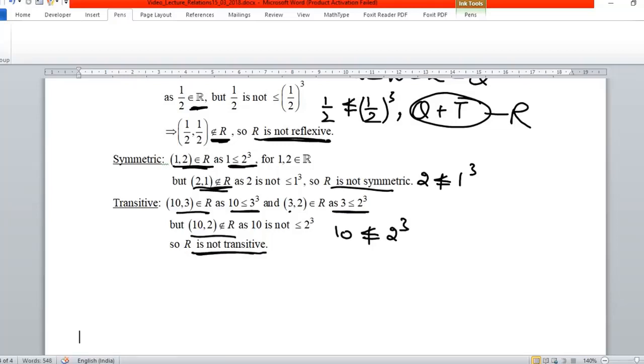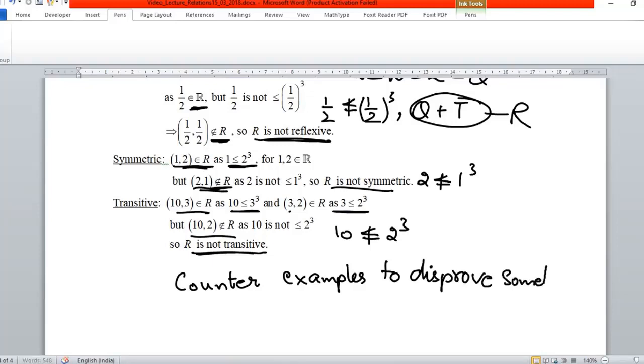So whenever we need to show that R is not reflexive, or not transitive, or not symmetric, we simply give a counter example to disprove it. This is important.